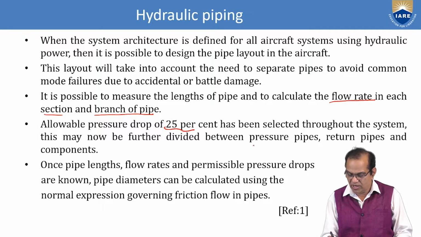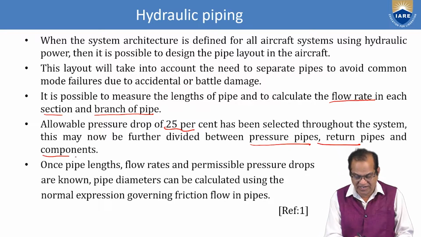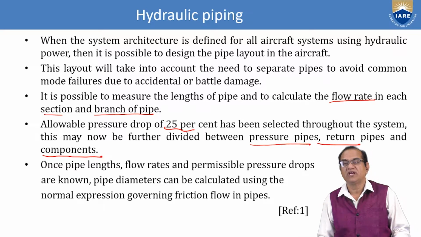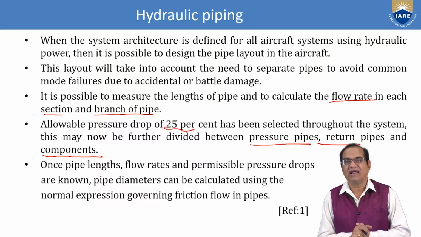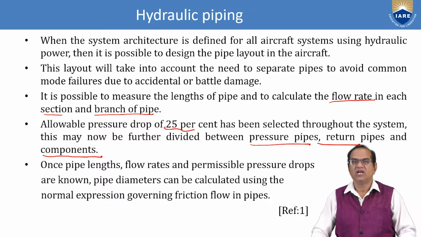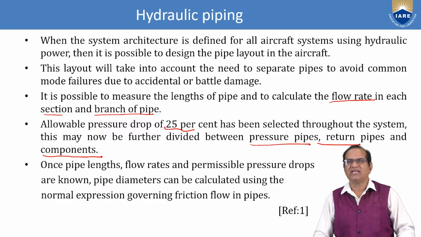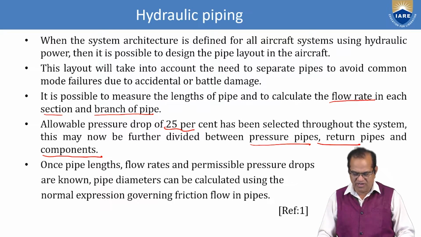So we can have the pressure area, then the return area, and also the different components your system will be moving. Everywhere we need the pipe. So how the pipes are laid and how these pipes are designed. Once pipe length, flow rate and the permissible pressure drop are known, pipe diameter can be calculated using the normal expression governing friction in pipes.